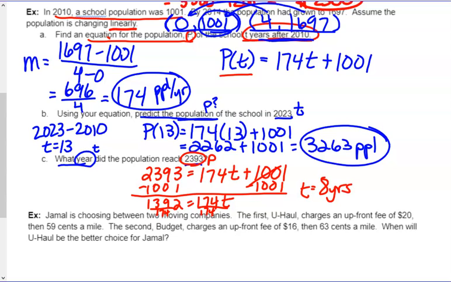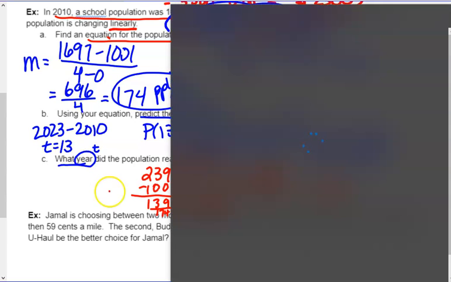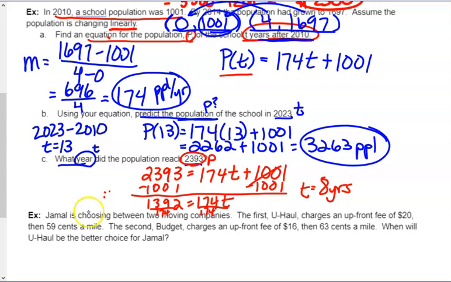Now, in year 8, was that population 2393? Absolutely it was, but what year does this equate to? Remember, that is the number of years past 2010. Therefore, the final answer that you have to designate is in year 2018.